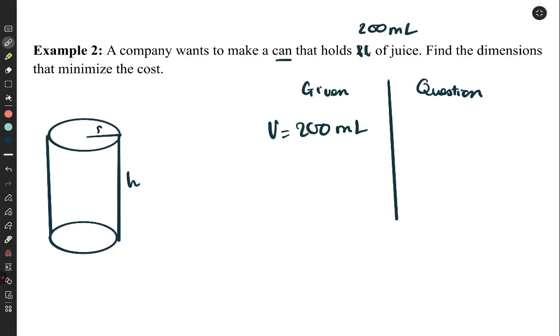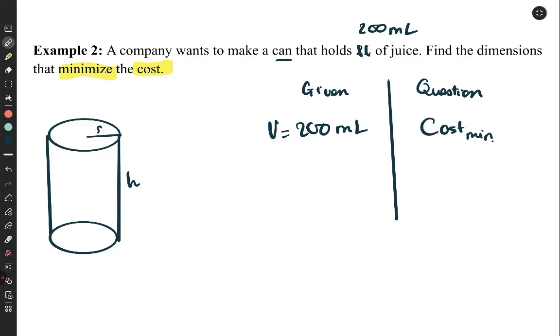And that's usually the real world problems, right? I just throw in there, I give you 200 milliliters. Minimize the cost, not maximize the cost. That means you maximize the profit, right? So you want to minimize the cost.